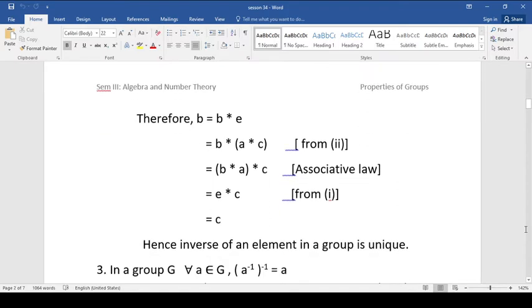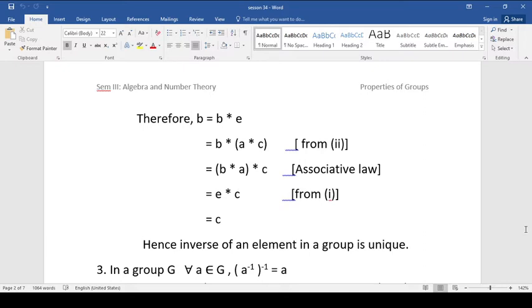So now consider B. So B we can write as B star E, because E is the identity element, and from equation 2 E is nothing but A star C. So therefore we get B is equal to B star A star C, and then see all the elements belong to the group G, and hence by the associative law we can club the elements B and A. That means we have B star A star C is equal to, and then B star A is nothing but E from equation number 1.